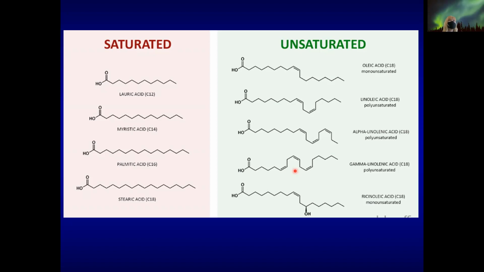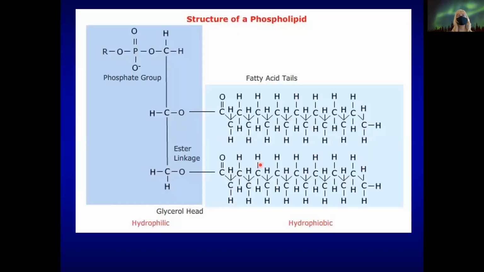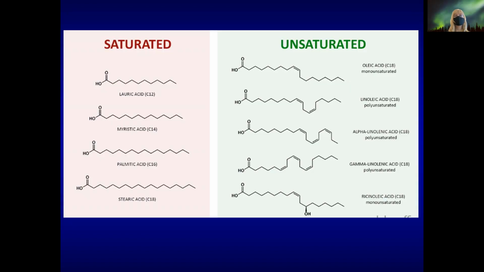Saturated. So that means butter has a bunch of saturated fatty acids. They pack well together, which means they gel up and they can stay solid at room temp. Even if it's 80 degrees, the butter stays relatively solid. And that's because of the fatty acid tails being able to pack next to each other under cooler conditions.